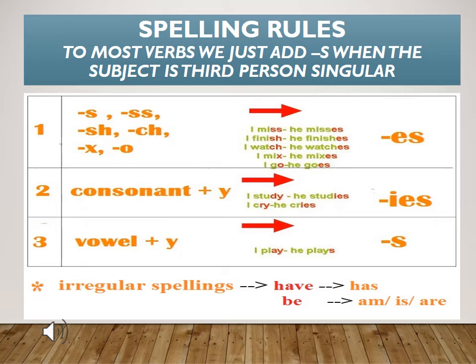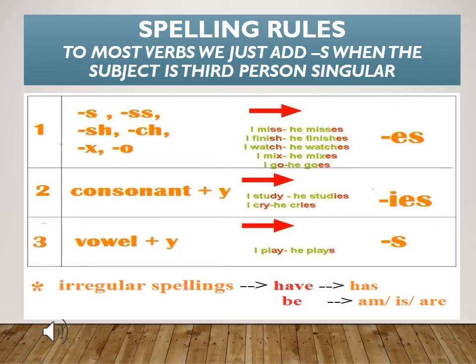As you can see, study changes into studies and cry changes into cries. Now, what will you do if your verb ends in vowel plus y? You will simply add s at the end of your verb. Just like in the example, play changes into plays.